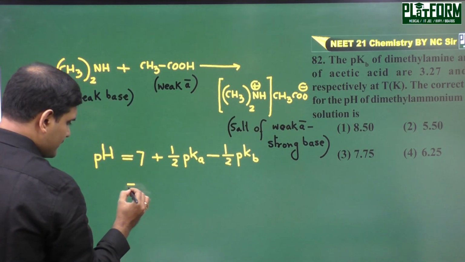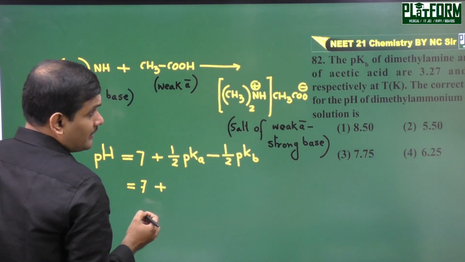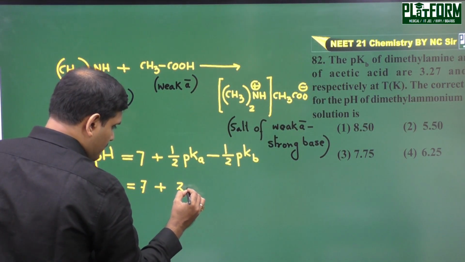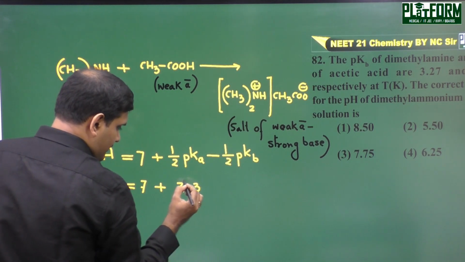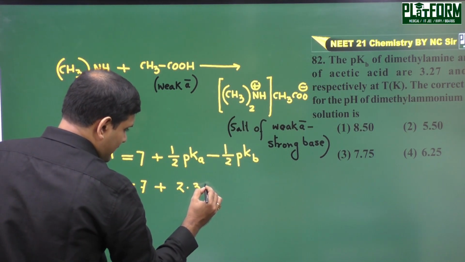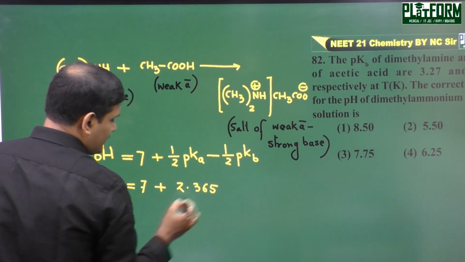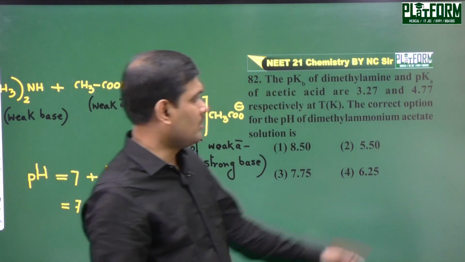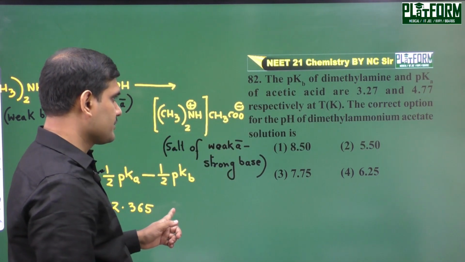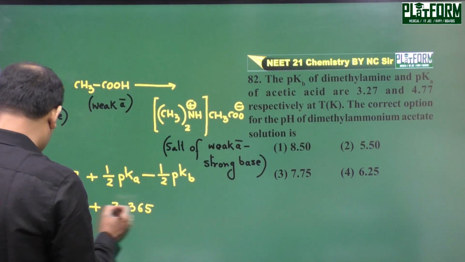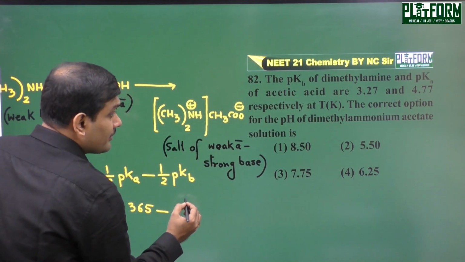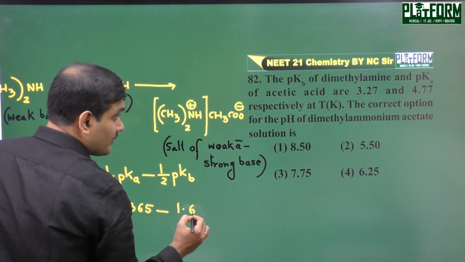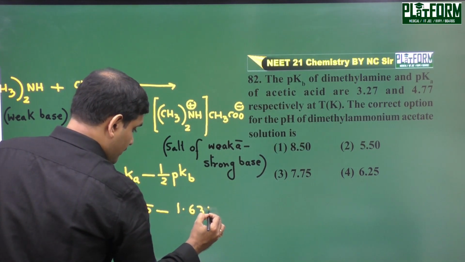If you put these values, 7 plus, definitely pKa is 4.77, so half of it is 2.385, right? Minus half of pKb, 3.27, which is 1.635.